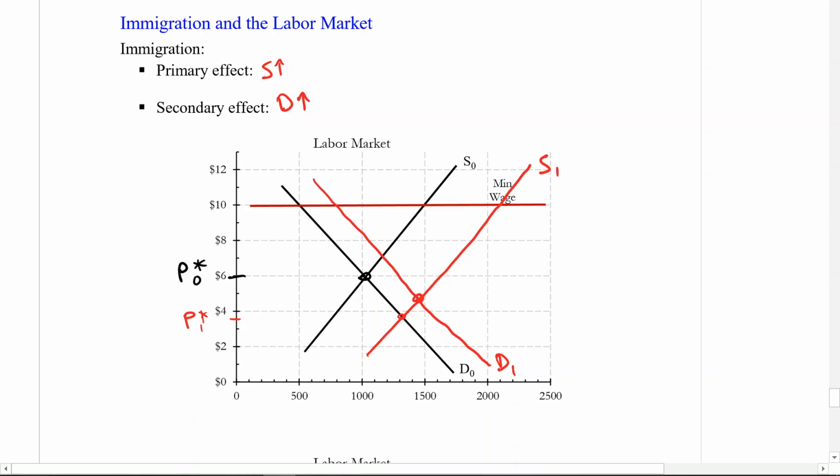So here's one example where the price, let's say P star 2, doesn't go all the way down, but it's partially offset by this increase in demand.